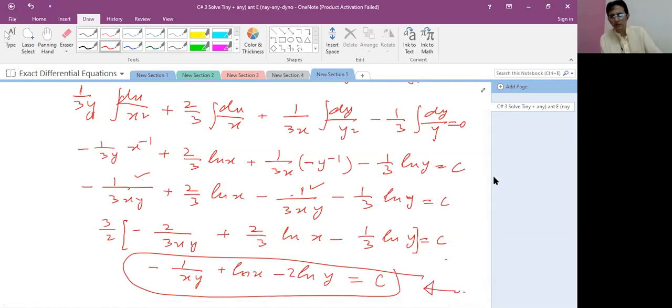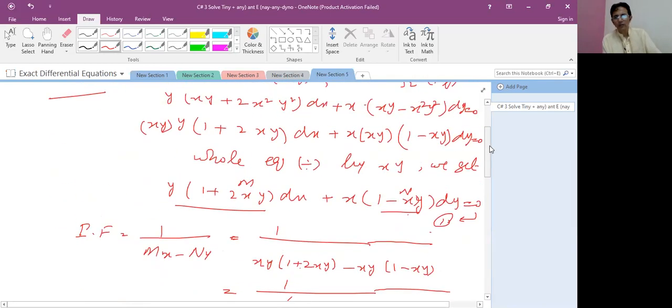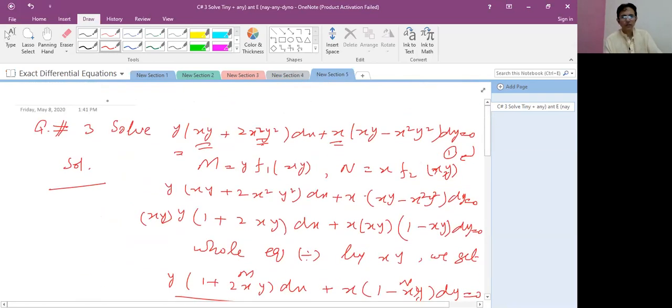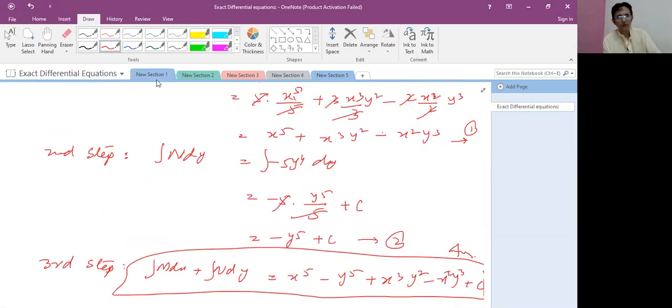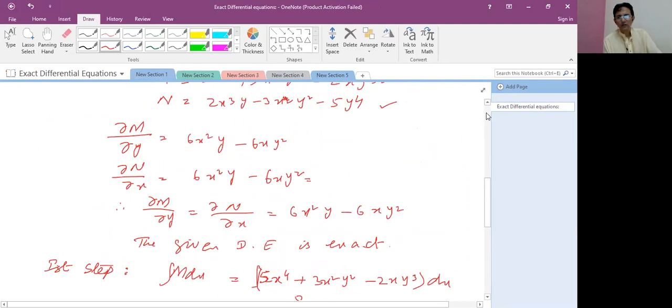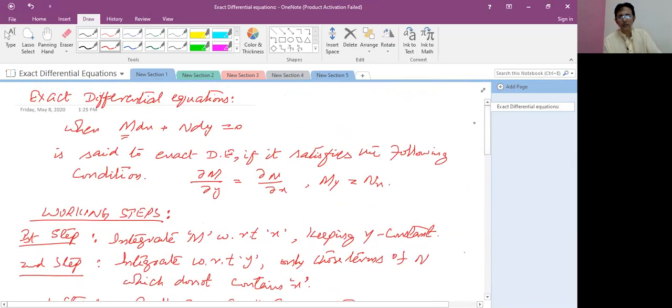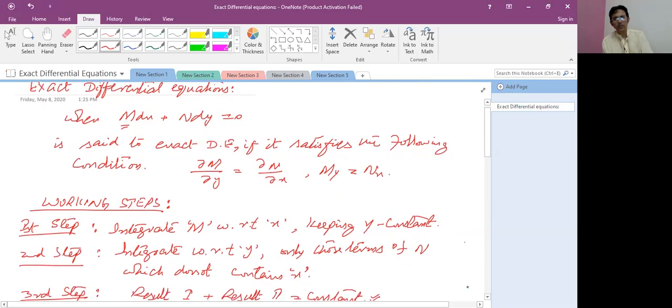So friends, I hope you learned today about this. I will repeat again. First, we defined the exact differential equation and the rule for it to be exact: dou M upon dou y equals dou N upon dou x. Then these are the working steps. After that, we considered applications of the exact differential equation.